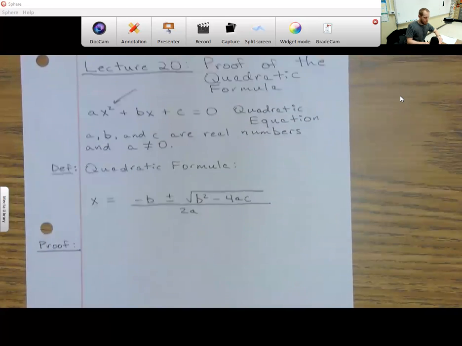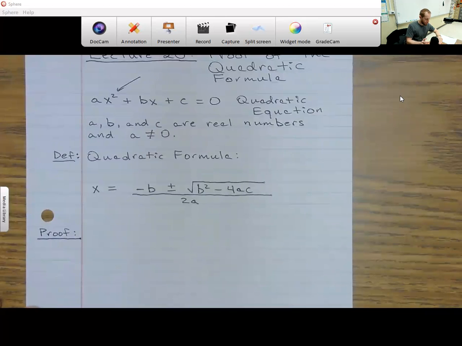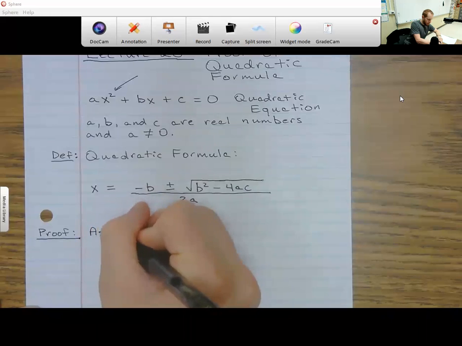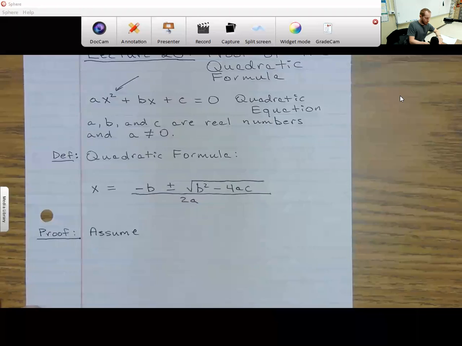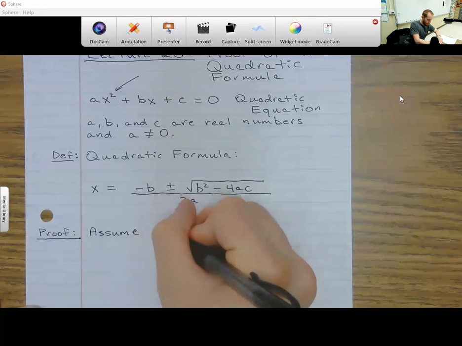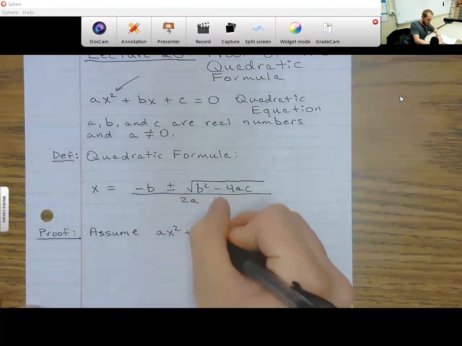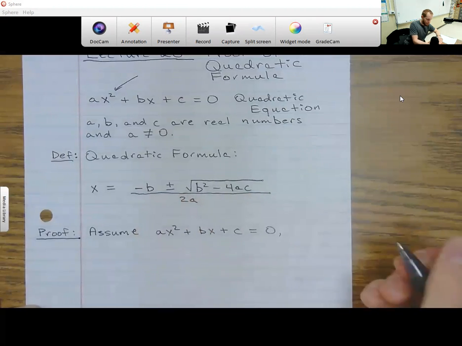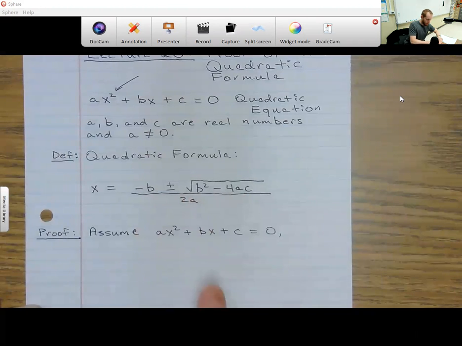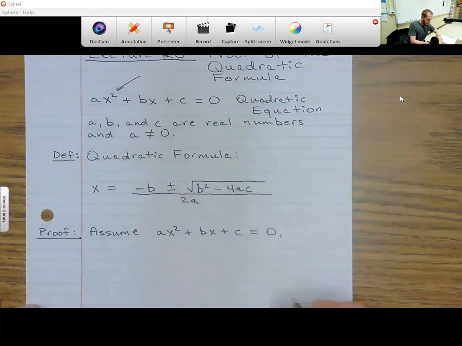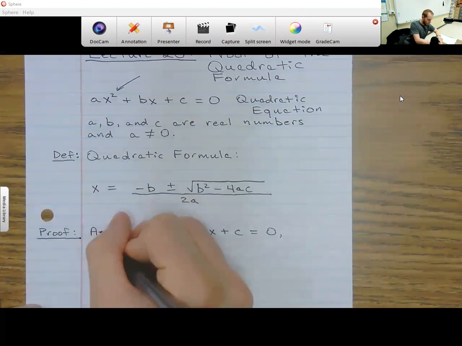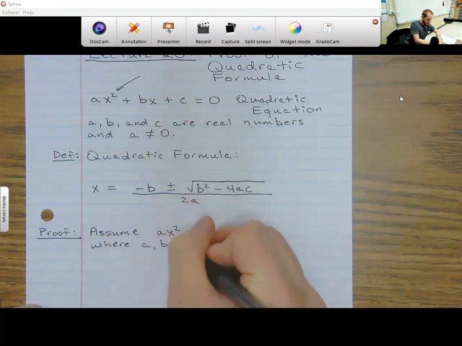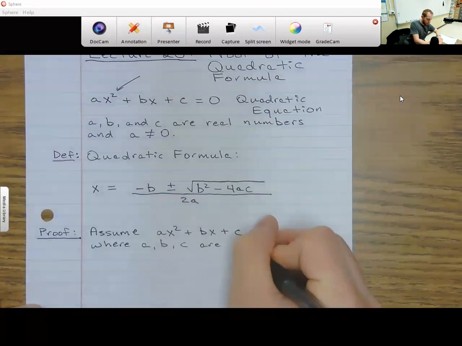Okay. To start off the proof, we're going to assume a couple things. The first thing we're going to assume is ax squared plus bx plus c equals 0. And this is going to be our starting point. And we're going to assume a, b, and c are real numbers.